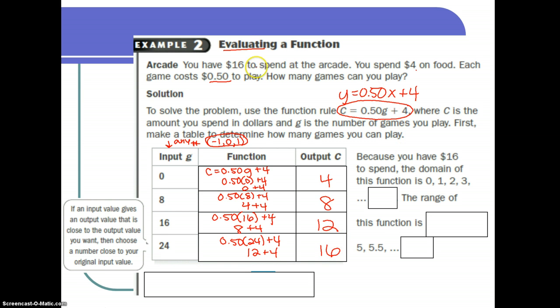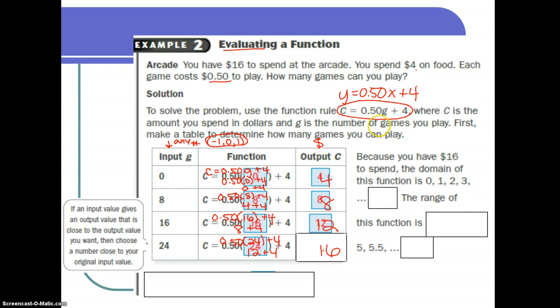Now, remember, you only have $16 to spend, and that's your output, how much money you're spending. So because you only have $16 to spend, and we have the equation that every game is 50 cents, plus the $4 on food, I would say that you can play 24 games.